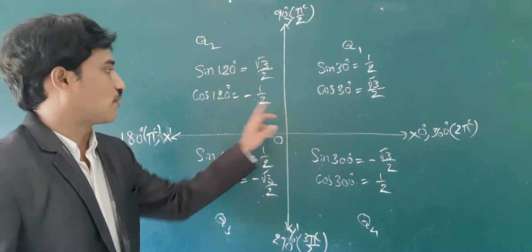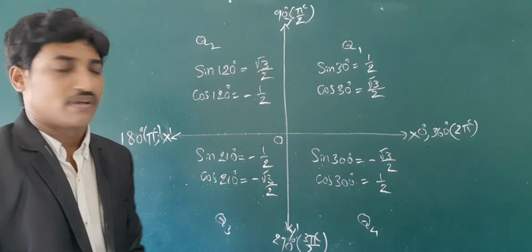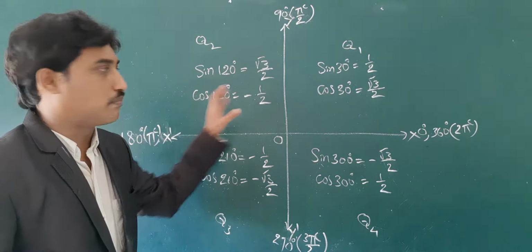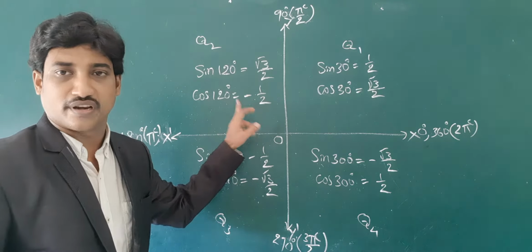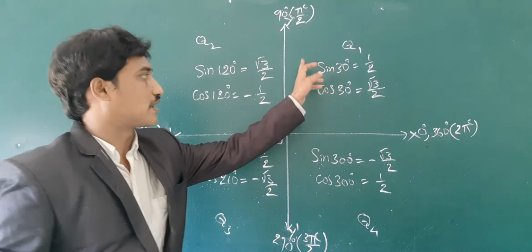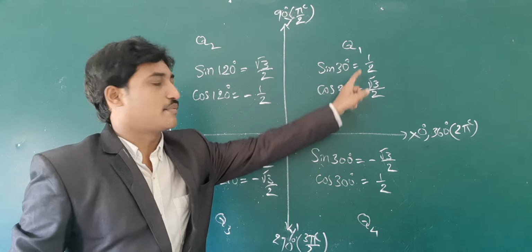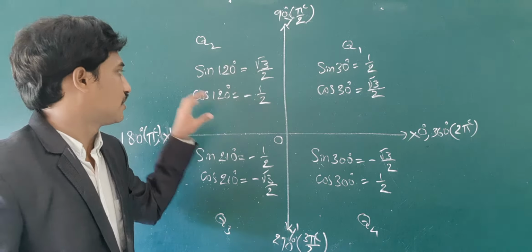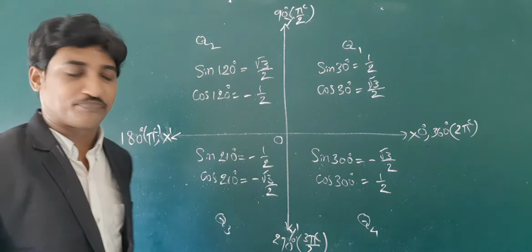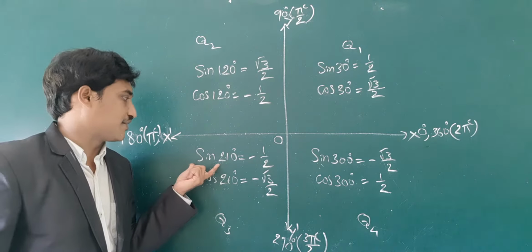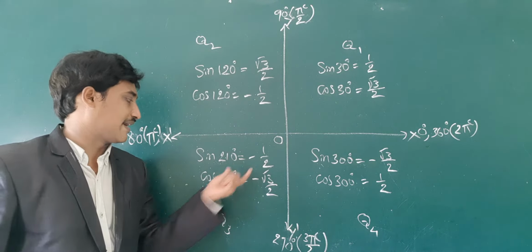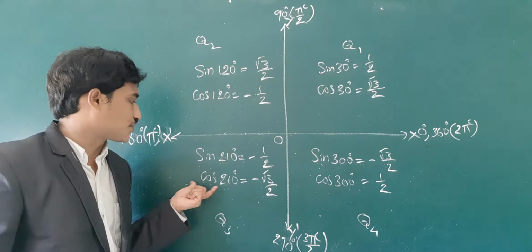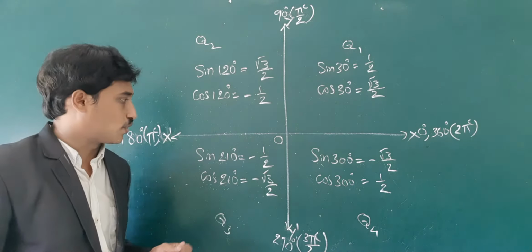Here in different quadrants, some ratios are positive, some ratios are negative. In the first quadrant, sin 30, cos 30 both are positive. In the second quadrant, sin 120 is positive, cos 120 is negative. Sin 210 is negative in the third quadrant, cos 210 is negative in the third quadrant.